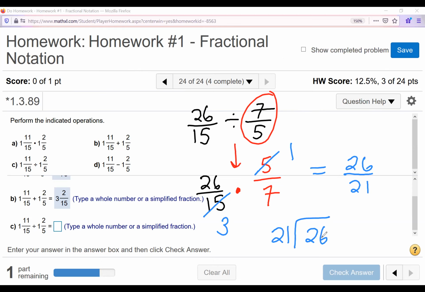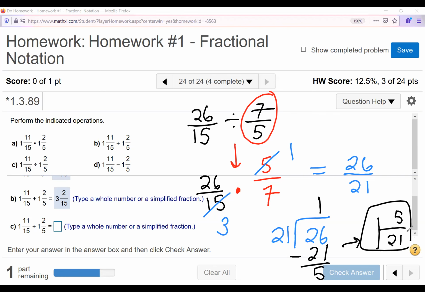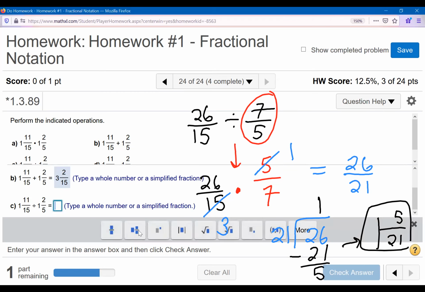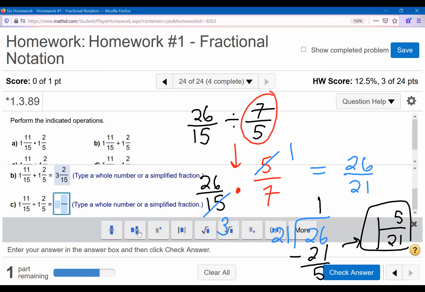So we'll do that. 26 divided by 21, it goes in one time. 21 times 1 is 21 with a remainder of 5. So I'm going to write 1 and 5 over 21. 1, 5, 21.